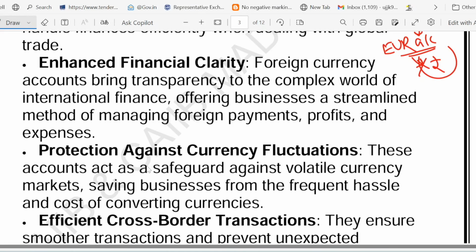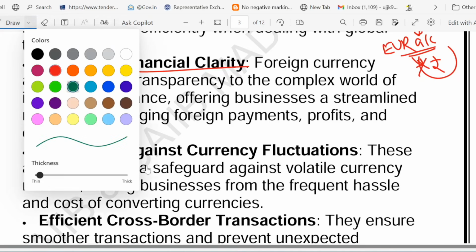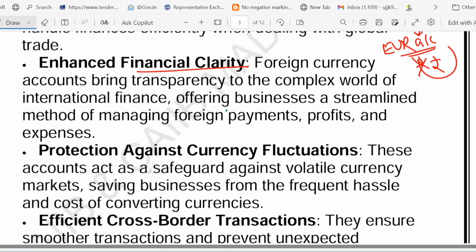Then comes enhanced financial clarity, which means no more guessing games. You can see all the foreign income and all the foreign expenses clearly in their original currency. So it provides you financial clarity. I hope that makes sense.